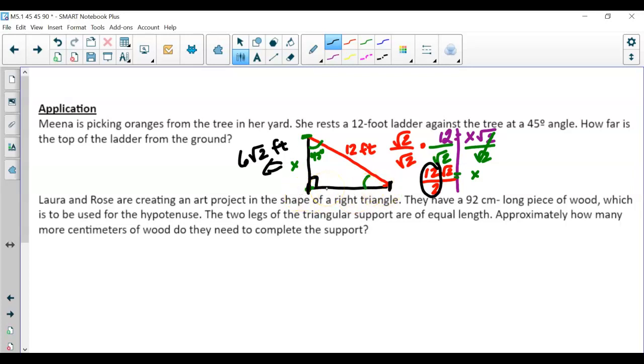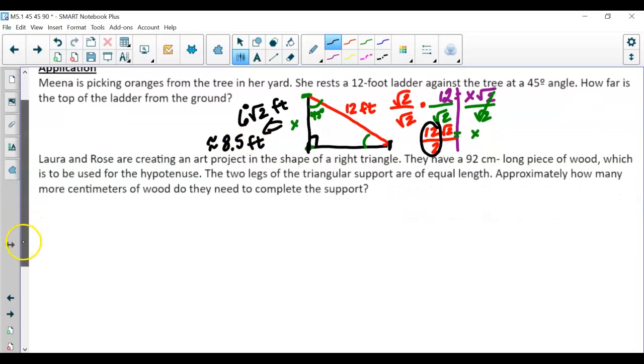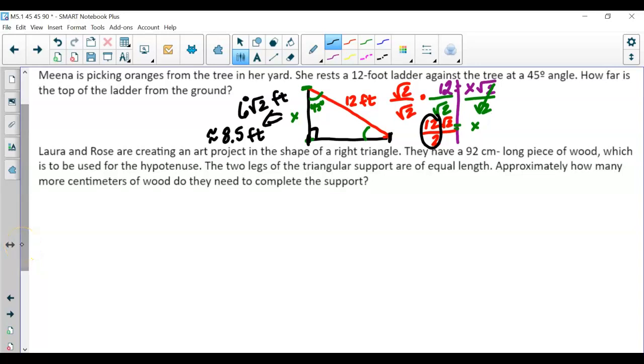Now, if we wanted to figure out approximately how many feet this is, then you just type in your calculator 6 times radical 2, which is approximately 8.5 feet. So go ahead and pause the video and try this second application problem on your own.